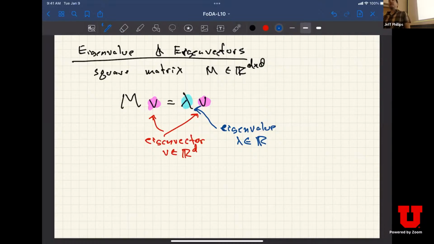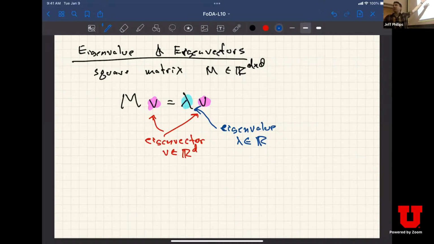If I don't have a square matrix and I multiply by a vector, I'm going to get back a vector whose dimensionality is going to be different, right? If M was N by D, I can multiply by a D-dimensional vector, but I'm going to get back an N-dimensional vector. So it can't be a scaled copy of it.